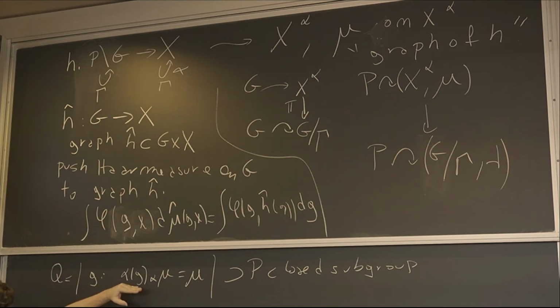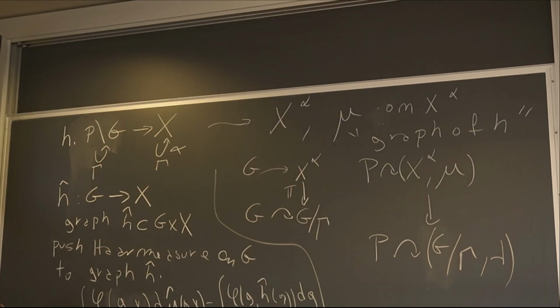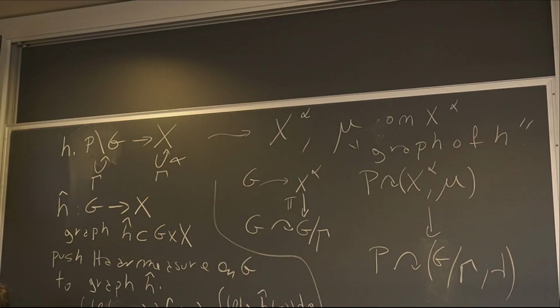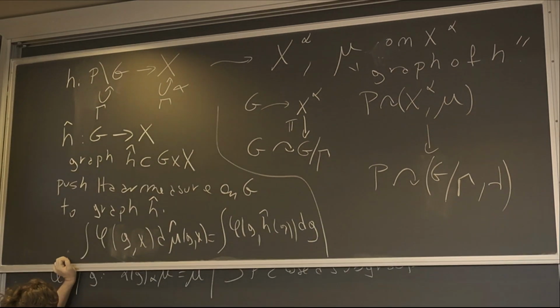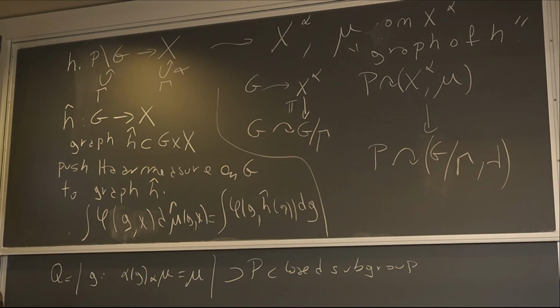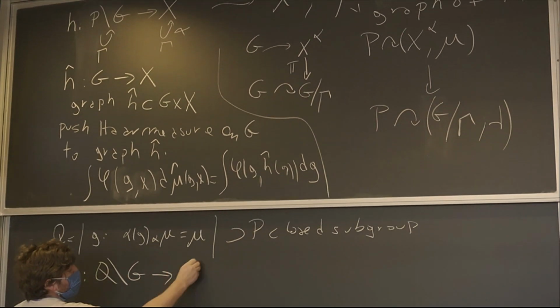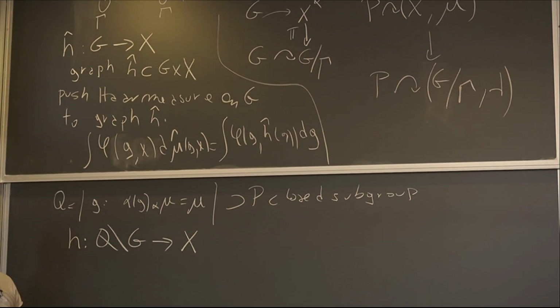because the G invariance of the measure mu is related to the equivariance of this graph when you play this game up there. So it allows me to define, with the same letter, Q mod G still into X, and still does the job.